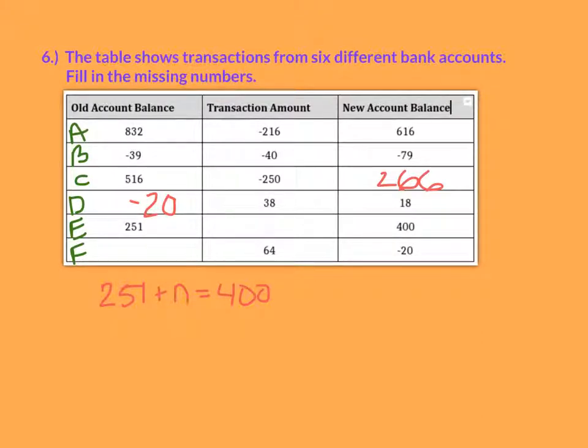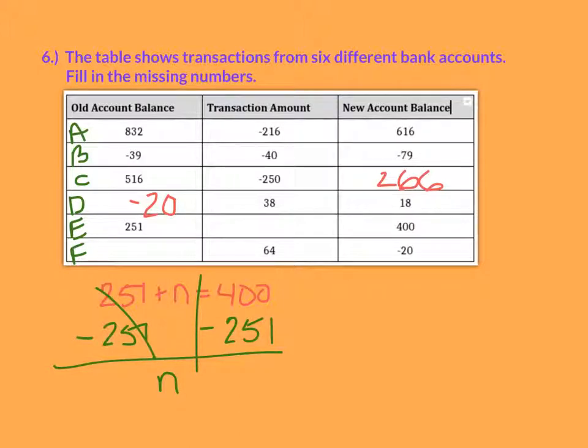I am actually going to go ahead and solve this using my method here, just to make sure you see exactly how it works. I know I didn't really do that with the first one, but it's always good to see different ways. So I subtracted 251 from both sides because that's the opposite of plus 251. These cancel, I'm left with n equals 400 minus 251.